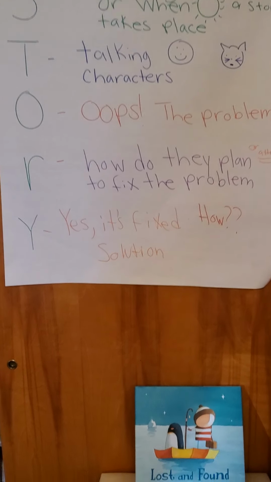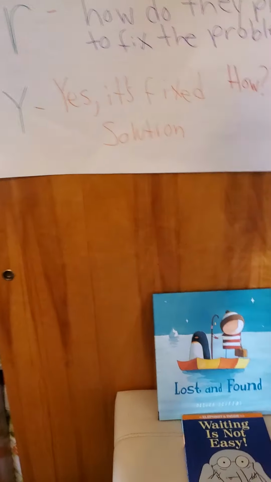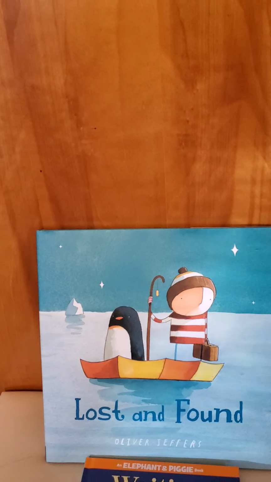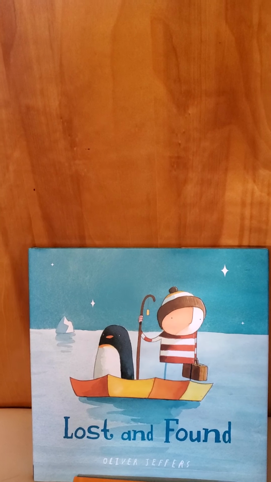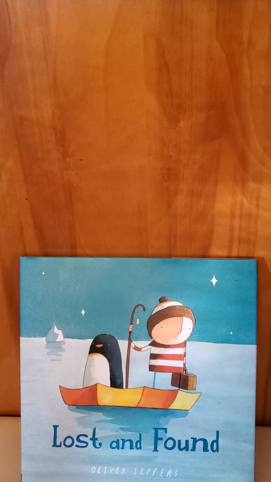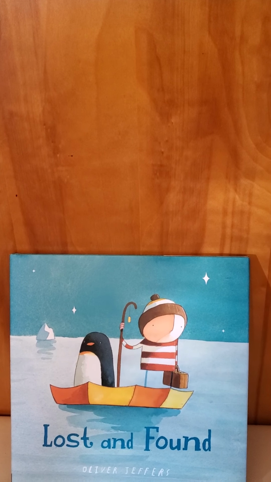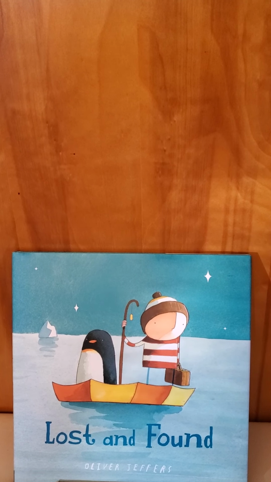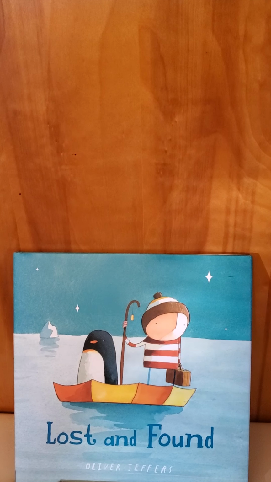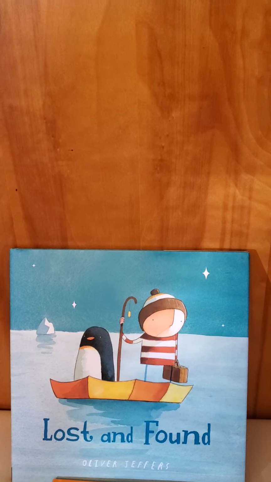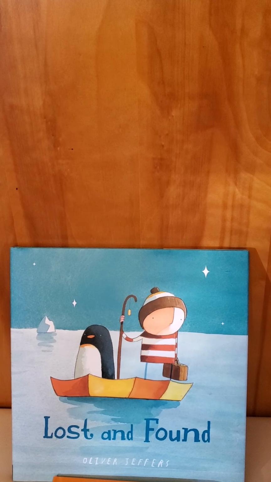As you remember, last week we read the book Lost and Found. When we read it, we put in the setting. We thought about where the setting was, and the setting is where the story mostly takes place. For this story, the setting mostly took place in the house and on the ocean.